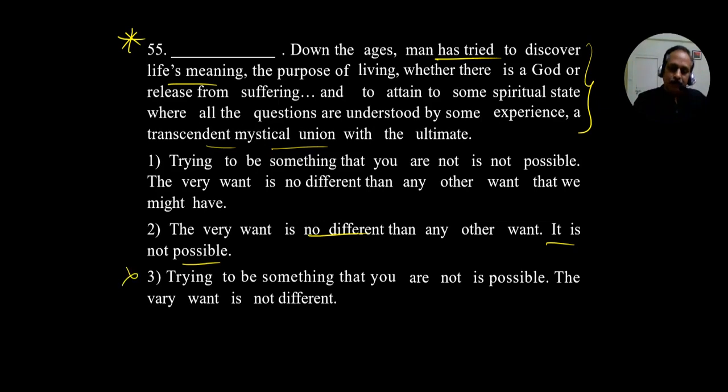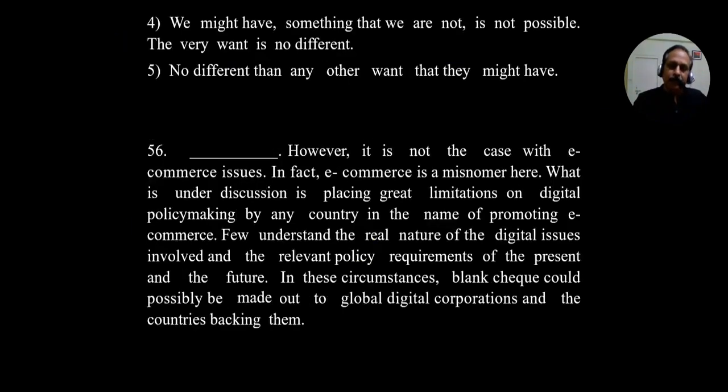Again, not clear, grammatically speaking, contextually speaking. We might have something that we are not, is not possible. Again, it is not grammatically correct and no meaning as such. Doesn't make any sense as such. No different than any other want that they might have. This cannot be the first sentence.